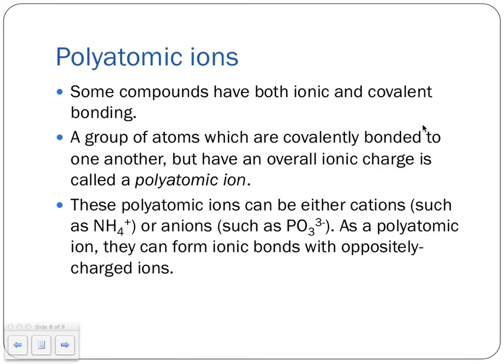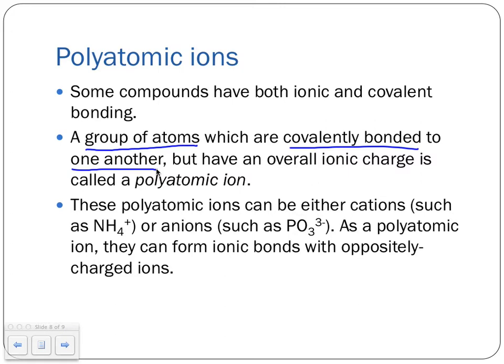So one other thing we need to look at, there are some compounds that have both ionic and covalent bonding in them. So what will end up happening here is you'll end up with a group of atoms which are covalently bonded to one another. Okay? But unlike a molecule, when atoms in a molecule bond together, the total number of electrons shared ends up meaning that the molecule is electrically neutral.